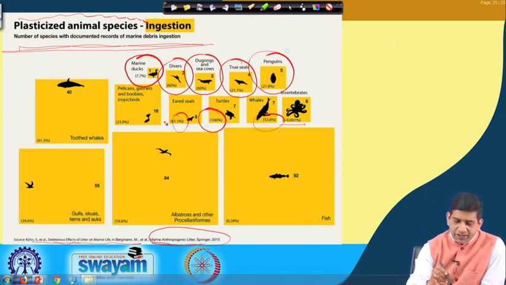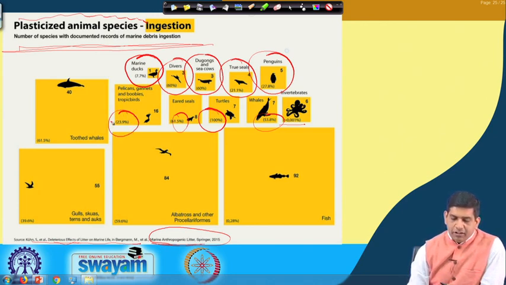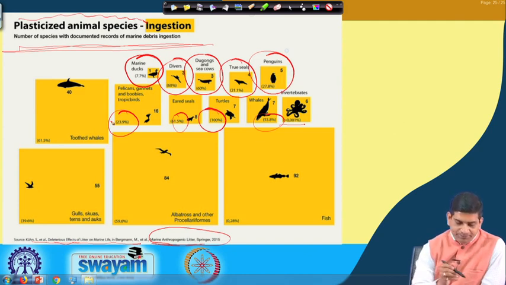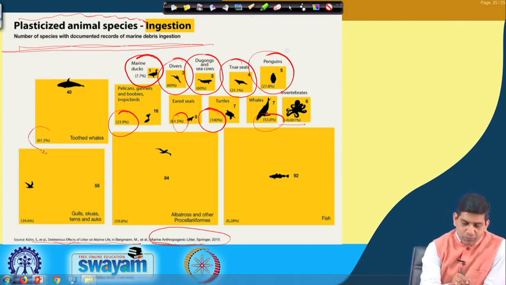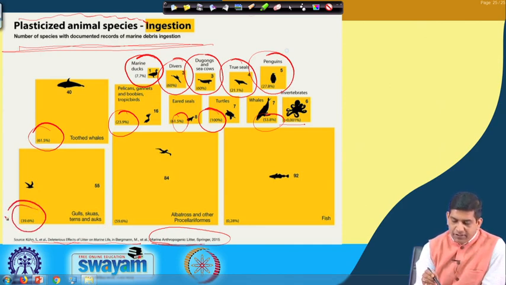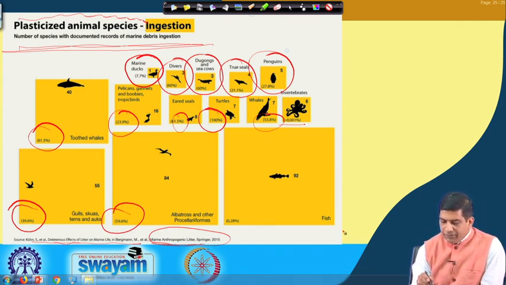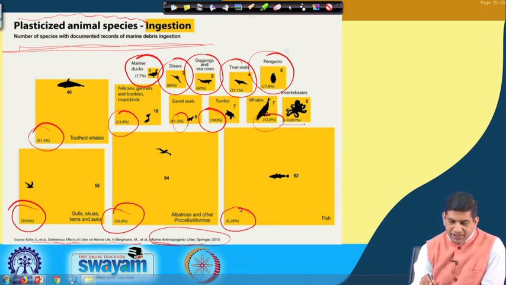Seals 62%, pelicans, gannets, boobies and tropic birds 24%, toothed whales 62%, gulls, skuas, terns and auks nearly 40%, albatross and other petrel forms nearly 60%, and then the fish, which was around 0.3%.